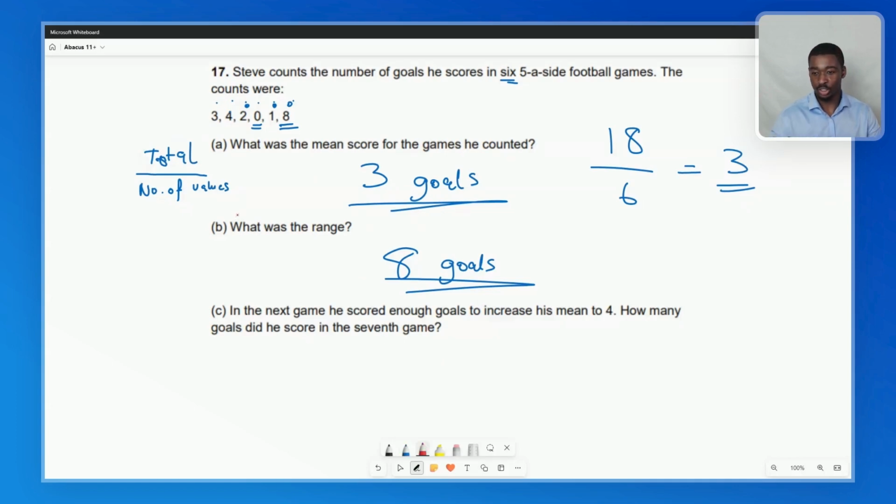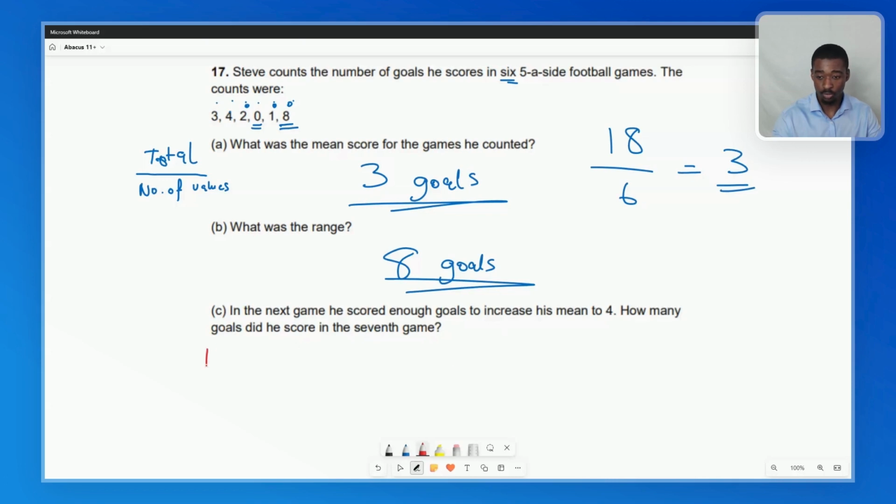So to answer this question, we need to understand this formula we use to calculate the mean on a deeper level, right? Because we're given some more information. We're told the mean is now 4.